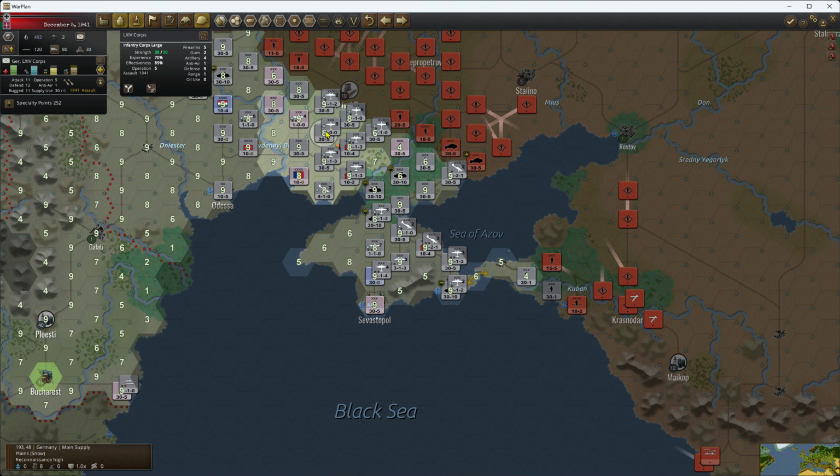I'm going to try one more thing down there. Move on that road and see if there's any supply in that road. You'd think there would be some. See, look at that.